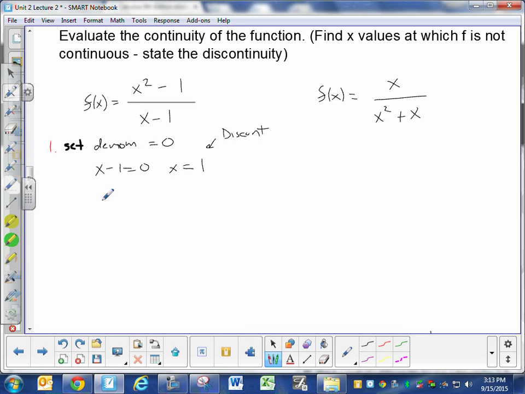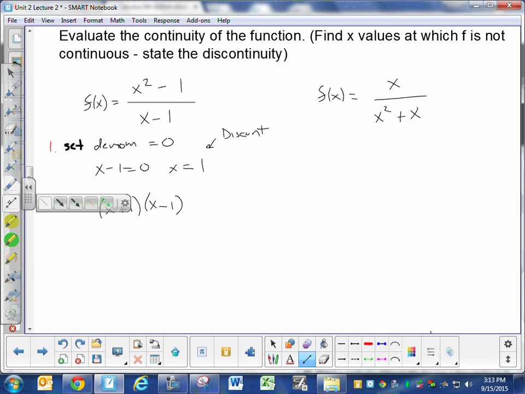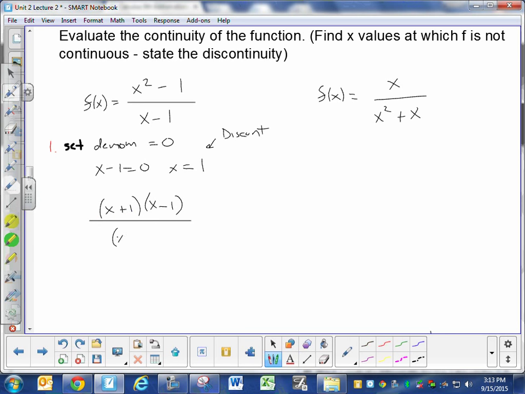So in this situation, I'm going to simplify, and I notice that this x minus 1 will be removed. That means this function f of x is really the same as the function x plus 1.